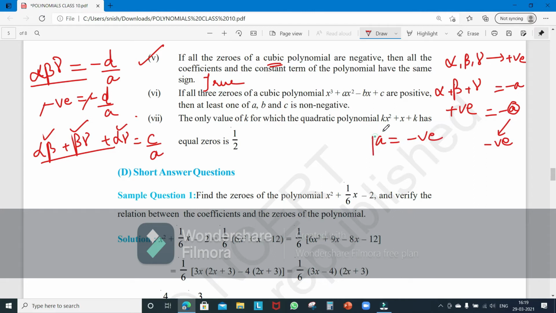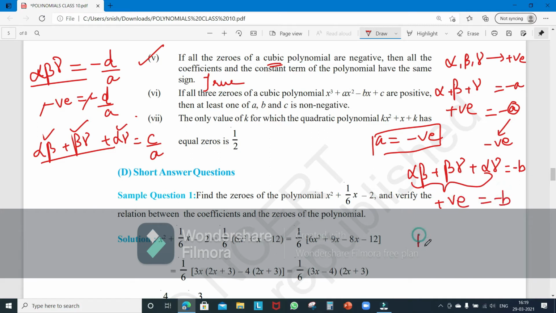Okay, first conclusion. Second, let's take alpha beta, beta gamma, alpha gamma, which will be C by A, so you get it as negative B. Now alpha into beta will be positive, positive into positive is positive, in the sense all of them are positive.